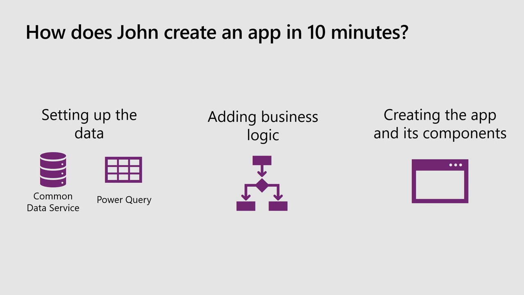We'll use that Excel sheet to get the entity created. Then we'll add some business logic, just enforce some rules, like a happy hour discount, if you will. Lastly, we'll create the app along with its components: a short little form and a custom view. So, let's head straight into the demo.